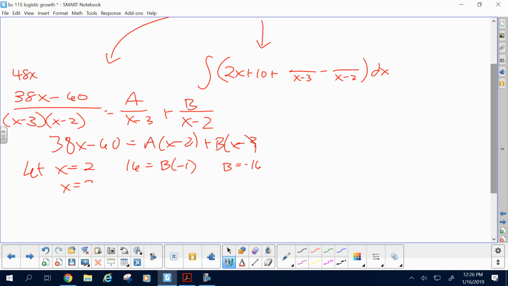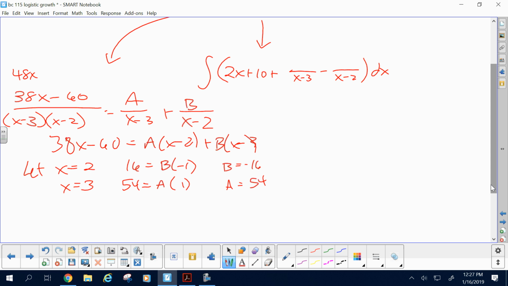No, you should have more confidence in yourself. x equals 3 is 90 plus 24, 114 minus 60, so 54 equals a times 4. Wait, what did you say? 38 times 3 is 90 plus 24, so 114.